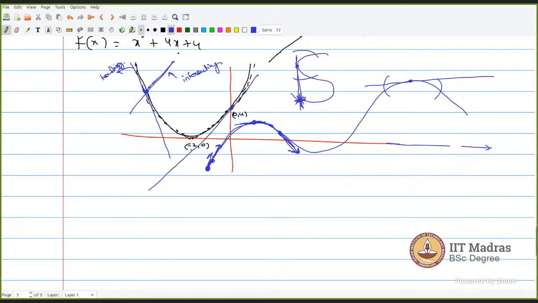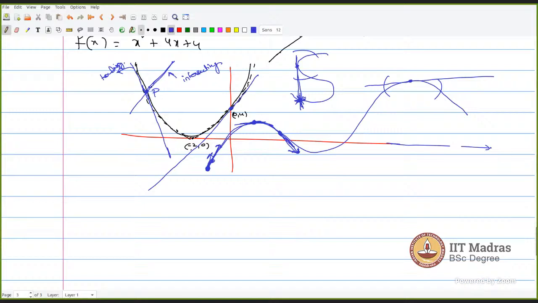This other line is just a simple line which intersects this curve at this particular point P. This particular line is a line that intersects this curve at point P, but this particular line is the tangent line to this curve at point P. So observe the difference between the line and the tangent line.